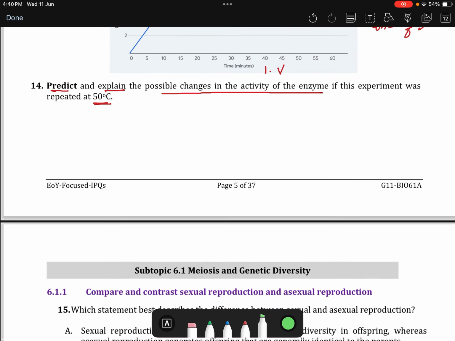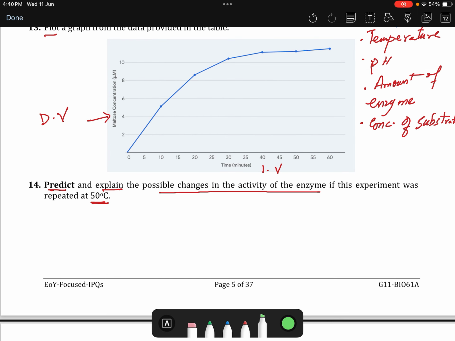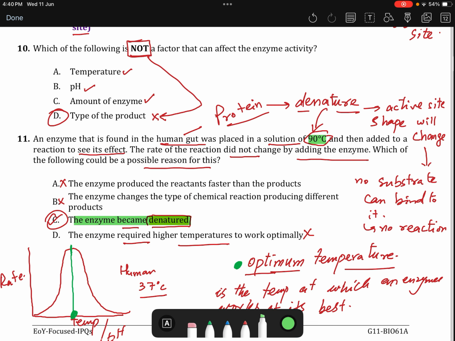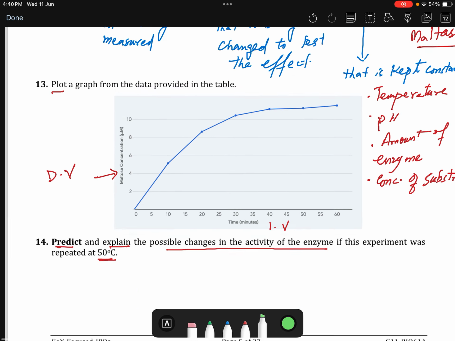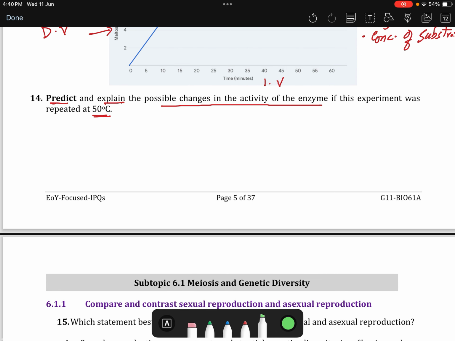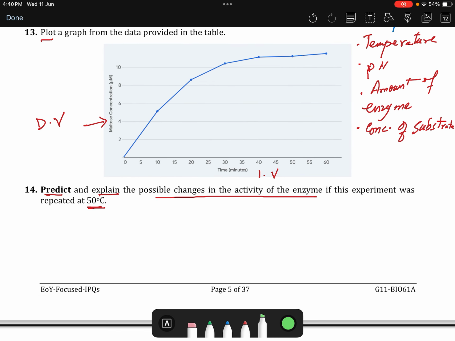So that's the same answer you have to give over here. The rate of reaction will decrease.